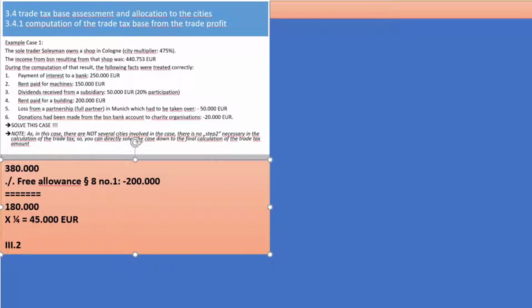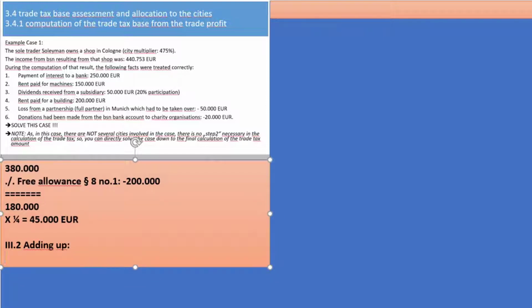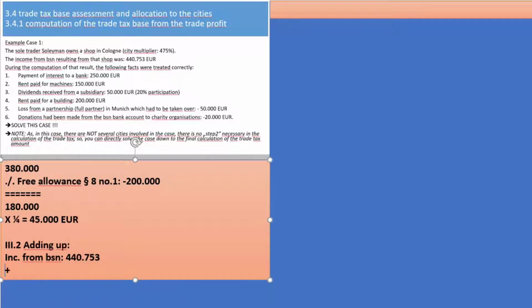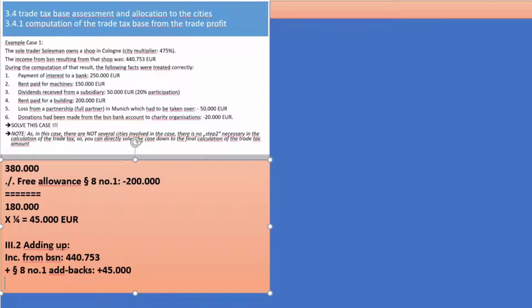Good. Now, adding up finally, we have income from business 457.53 plus paragraph 8 number 1 add-backs 45,000. Then we have because of number 3 minus 60,000.